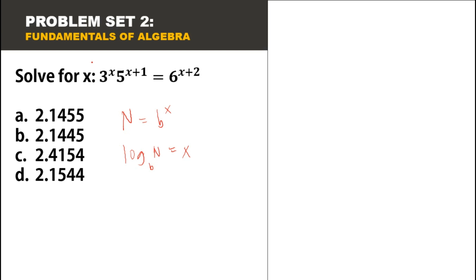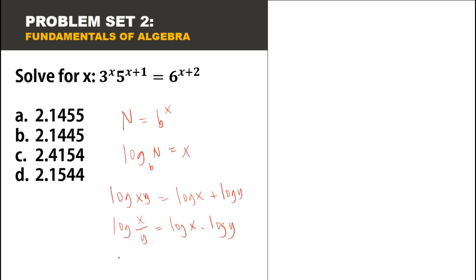You have some rules or laws of logarithms. We have the logarithm of a product: for two expressions x and y, log xy is equal to log x plus logarithm of y. For a quotient, logarithm of x over y is logarithm of x minus logarithm of y.